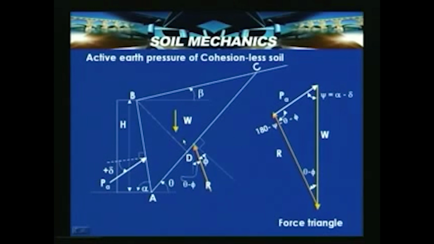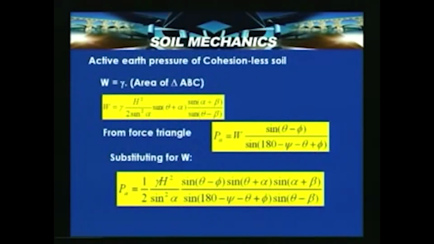Despite these differences, because of the merit in which the theory has been formulated, it has an edge over other theories. Though it has this demerit of not satisfying the equilibrium conditions completely, it is widely used. In continuation of the previous slide, let us now compute the weight of the triangular wedge ABC.